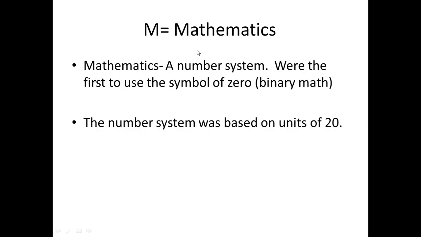So, the Mayans pala, sorry, may kadugtong. They have a number system and were the first to use the symbol zero. Because the Europeans, 1, 2, 3, 4, 5, they only have the counting numbers. They do not have an idea what zero is.